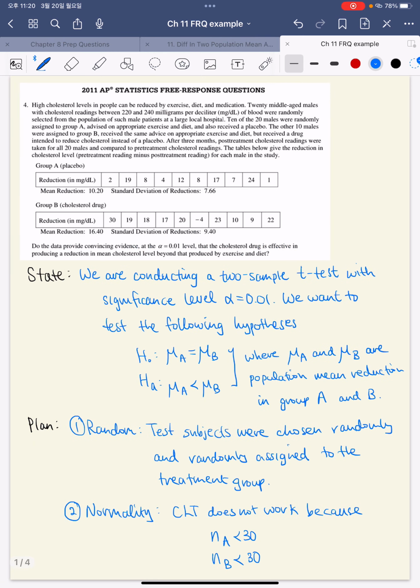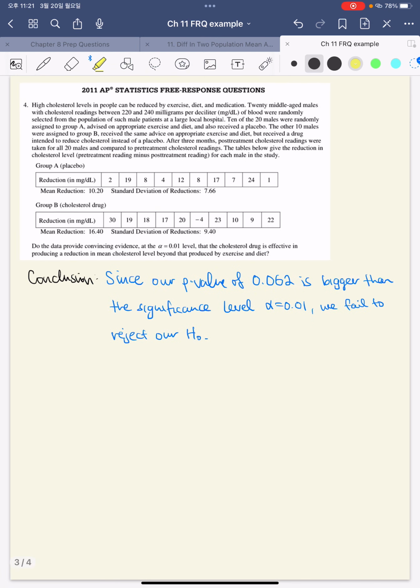We'll go back. Our null hypothesis was that the population mean reduction in group A was the same as the population mean reduction in group B. And if that's the case, then we actually have to answer the question, right? Which was, do the data provide convincing evidence that the cholesterol drug is effective in producing a reduction in blah blah blah?